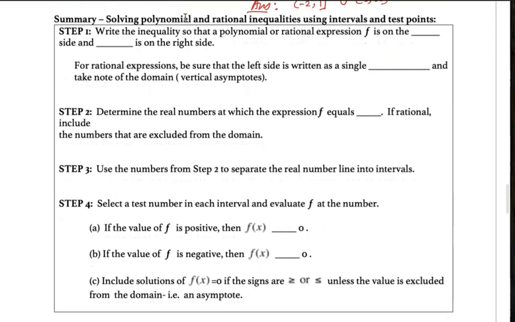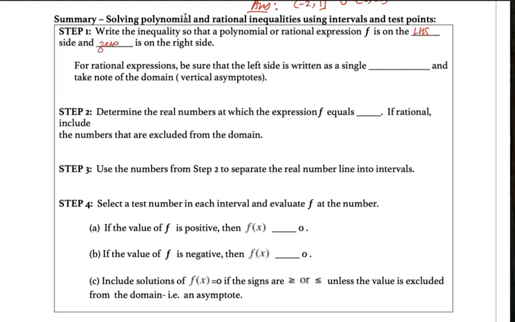Summary: solving polynomial and rational inequalities using intervals and tests. Write the inequality so that the polynomial or rational expression is on the left hand side and 0 is on the right hand side.